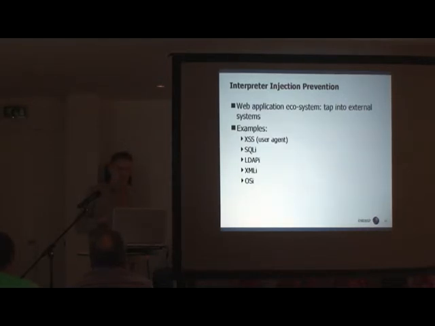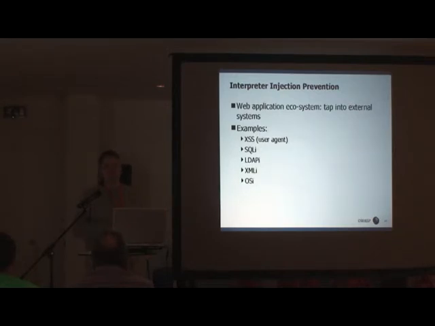So you want to make sure that no matter what interpreter you're sending data to, you've always protected that particular data. If you're sending data to the browser, you want to make sure that you've used encode HTML. It depends where in the HTML it appears, but encode HTML is the typical one.